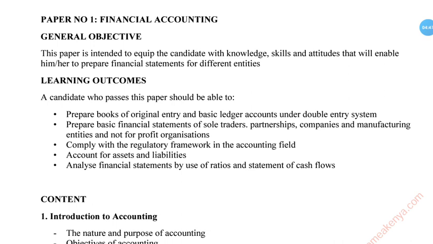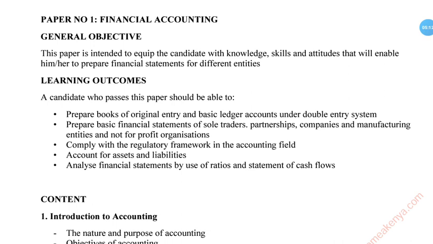We have the International Financial Reporting Standards, IFRS, and when you are accounting for public sector entities, the government institutions, we have the IPSAS, International Public Sector Accounting Standards. Those are the standards that we use in the field of accounting.